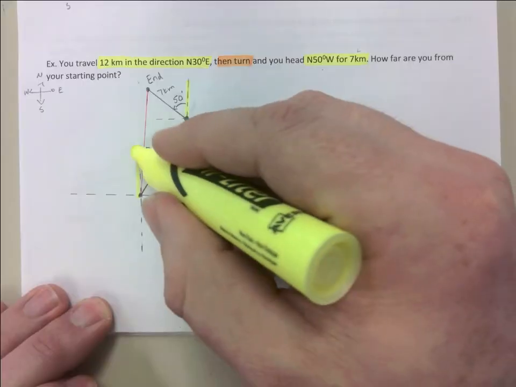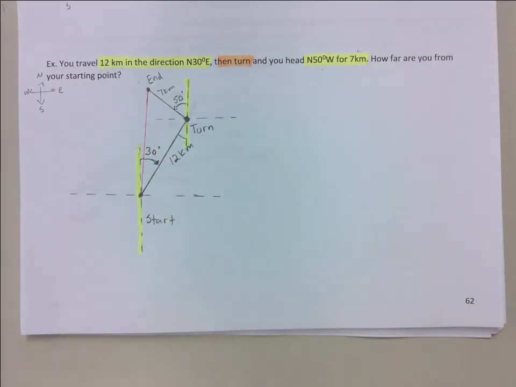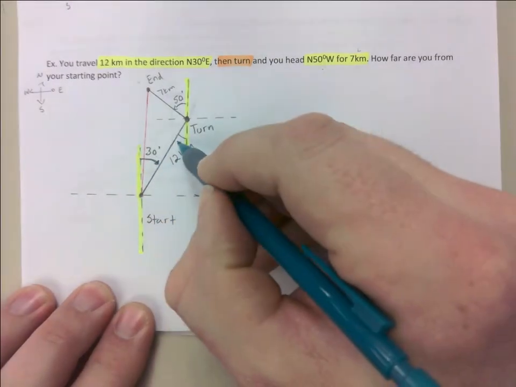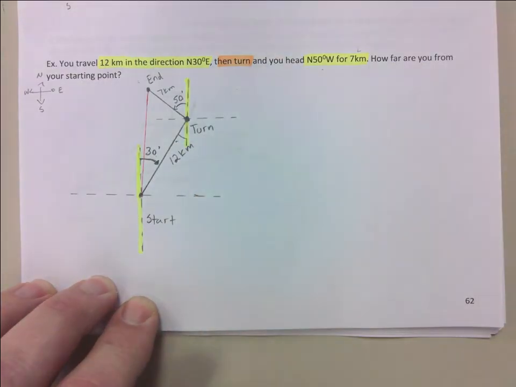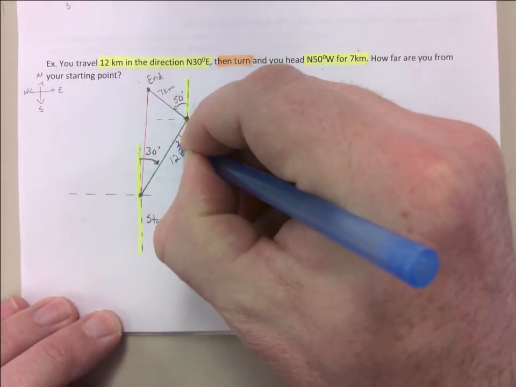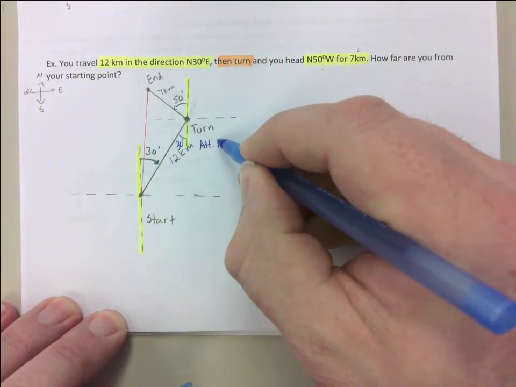The north-south line, no matter where you are in the world, they're always going to be parallel. Right? So if this is 30, then this is 30, alternate interior. Seems to haunt us, right? The alternate interiors. Alternate interior, write it down.